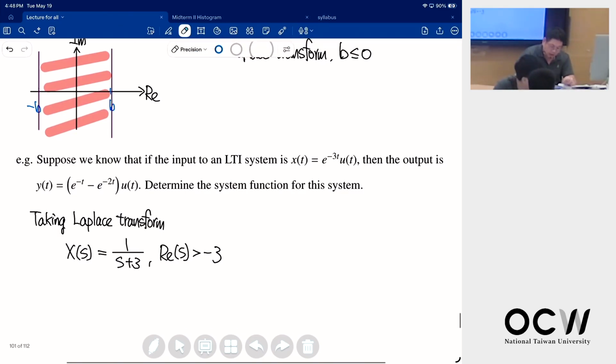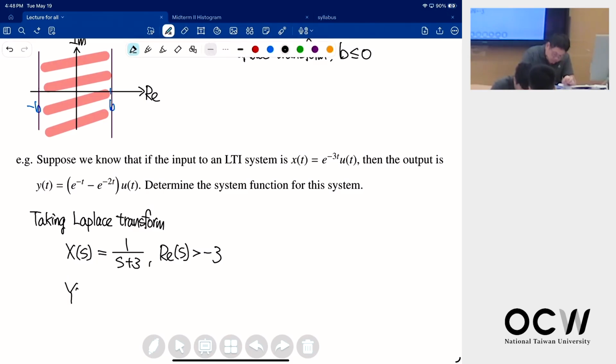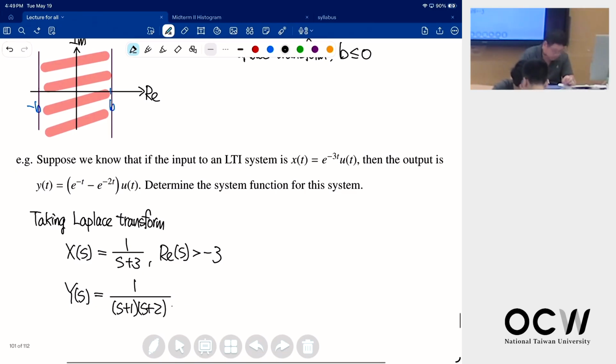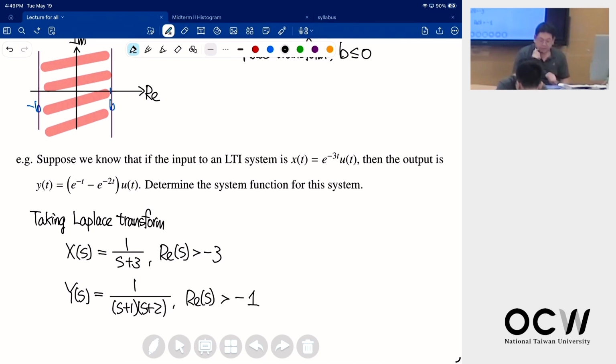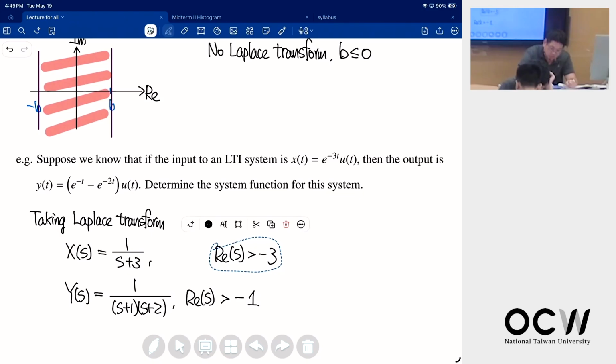For the output, it is 1 over s plus 1 times s plus 2, and the region of convergence is s greater than minus 1. Let me write it down, ROC.